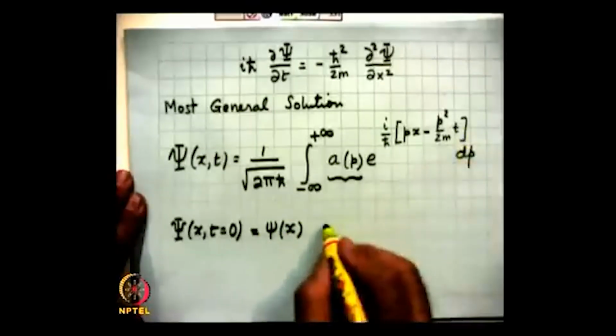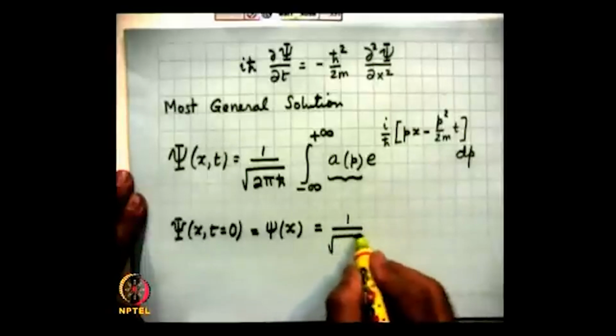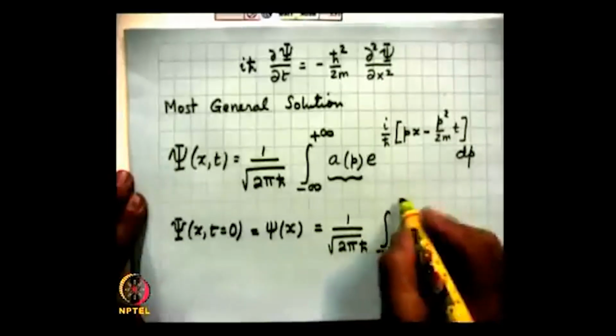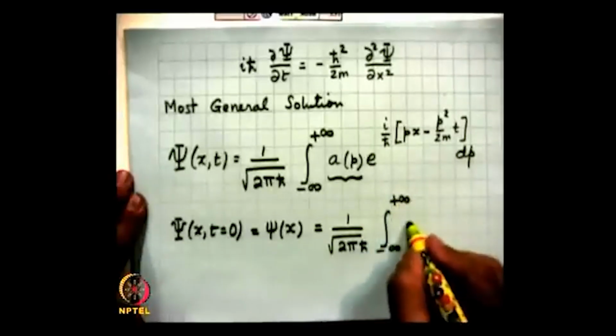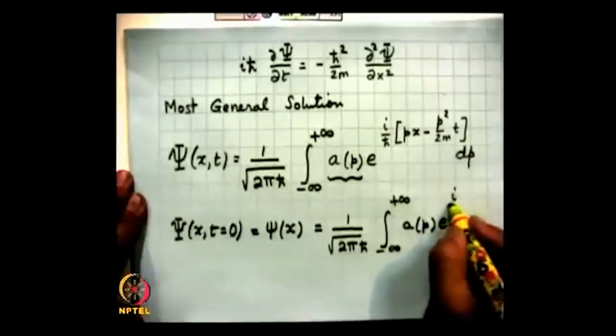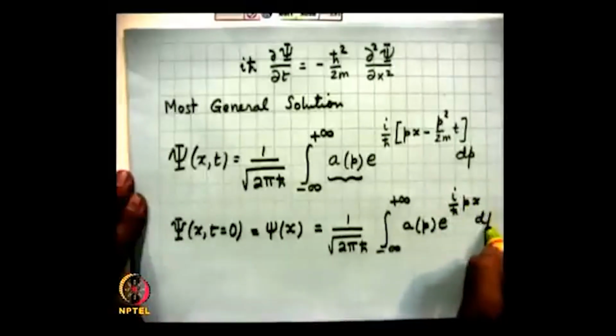Then if I put t equal to 0, this becomes 1 over under root of 2 pi h cross, integral minus infinity to plus infinity a of p e to the power of i by h cross p x dp.